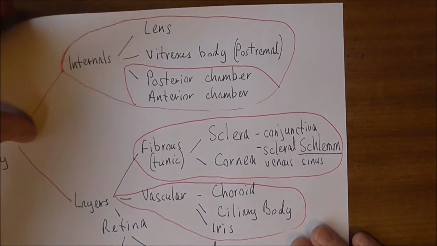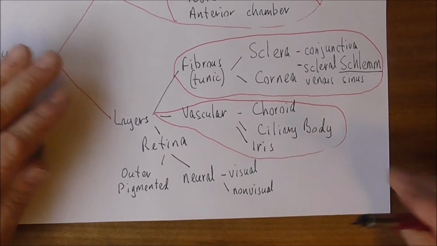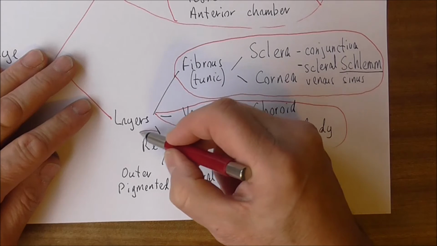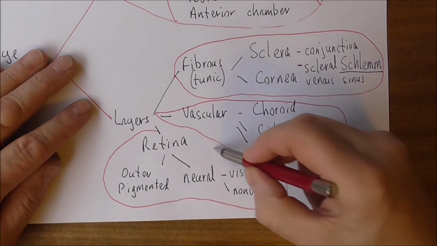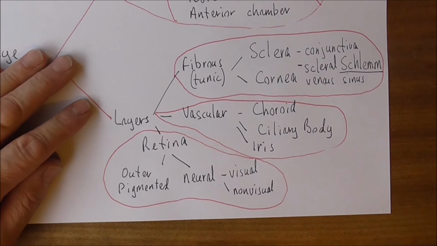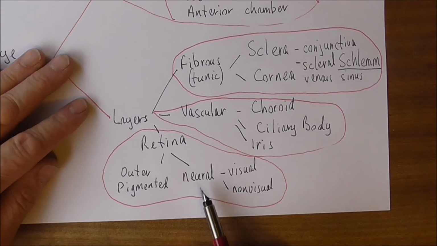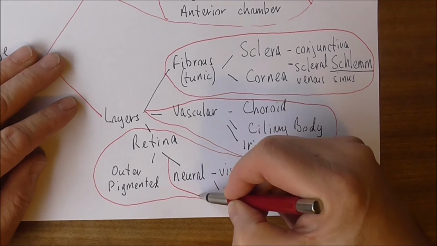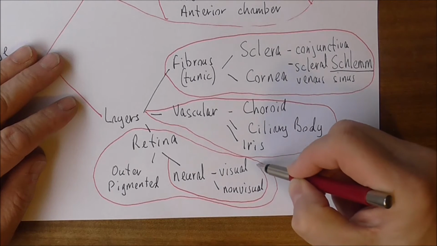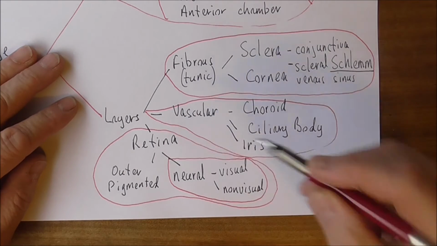And then we have the retina, the inner layer, and the retina consisting of an outer pigmented layer and an inner neural layer. And again, if we wanted to, we could divide the neural layer into the visual and the non-visual areas.